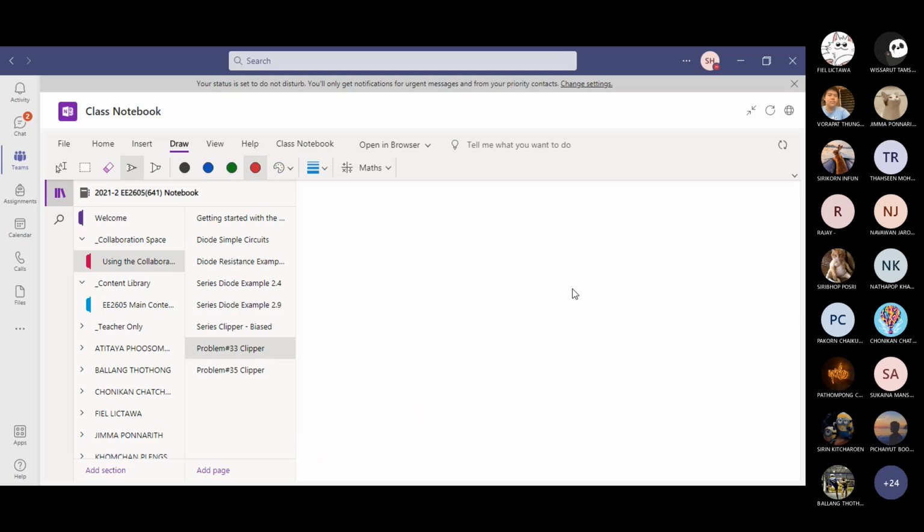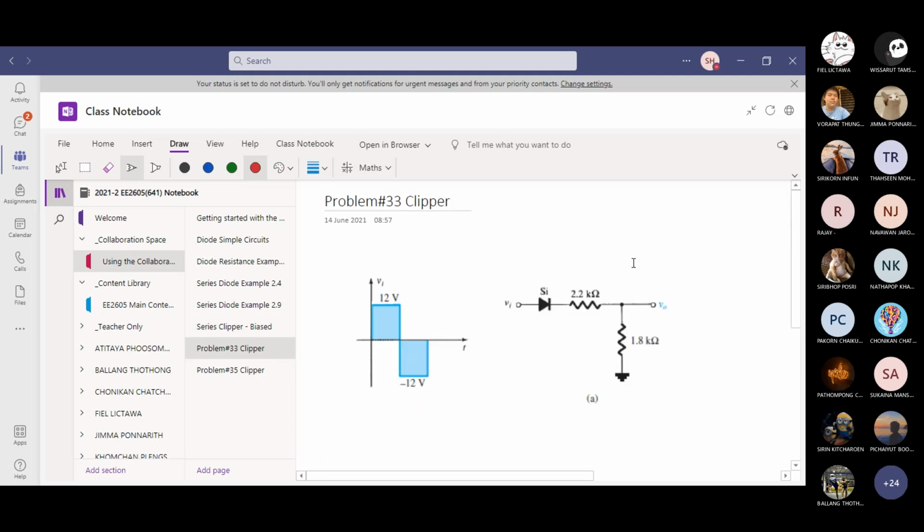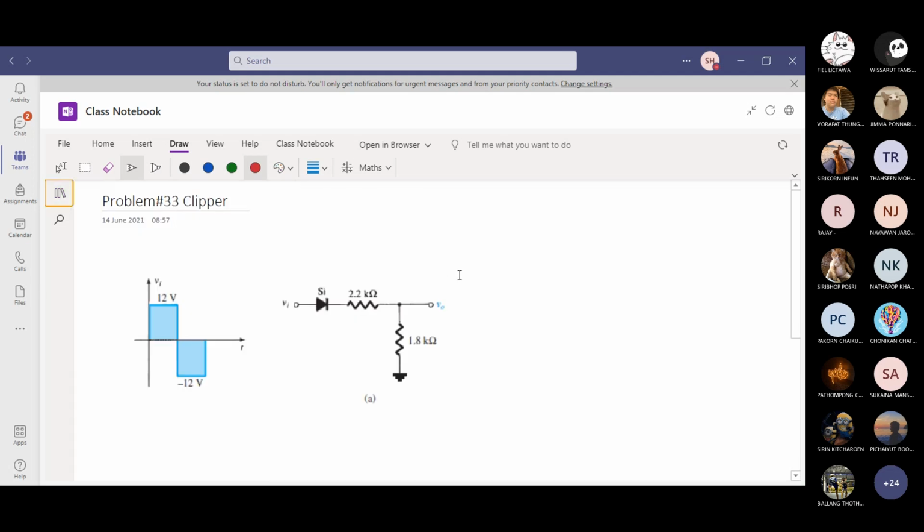Problem 33 is a clipper problem. This is taken from the textbook. It is not example 33, I believe it is problem number 33. Let's look at the circuit, all of us together. The problem is asking you three things.